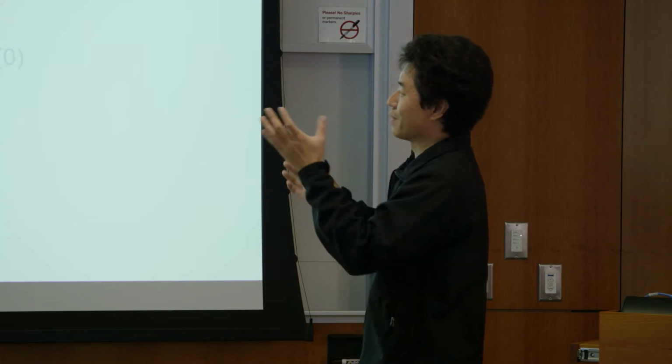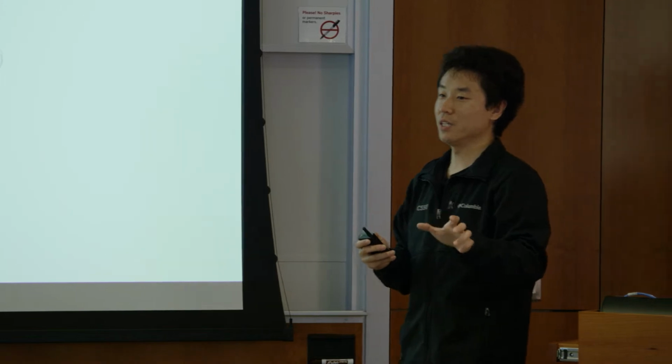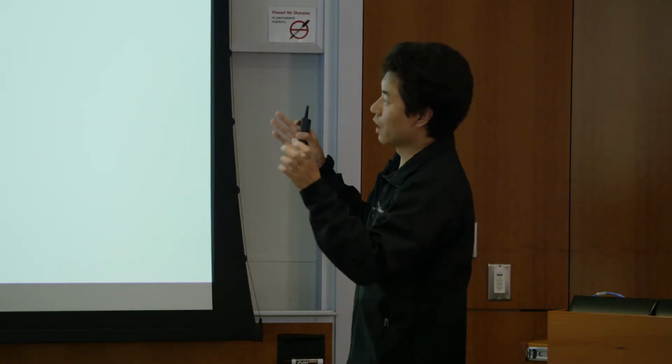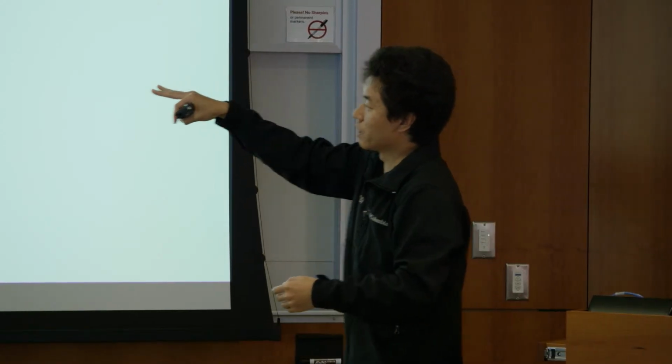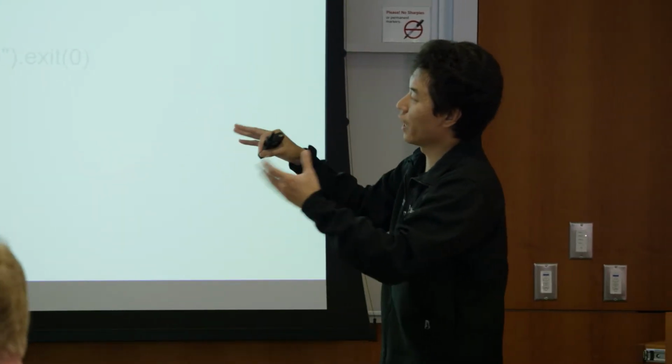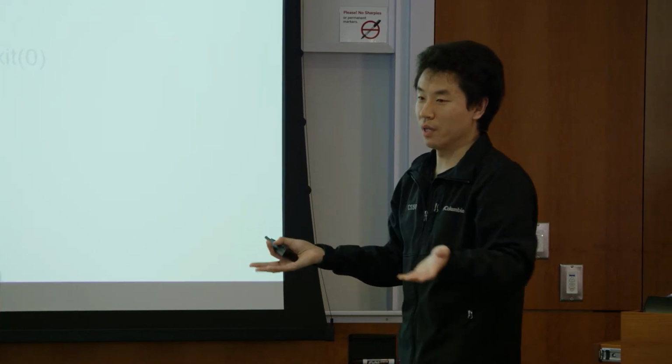Just remember that it marks a particular Python function to be a test. And this triple quote string is what students will be able to see, like the name of your test case. You can imagine we have maybe 12 tests for a particular problem set, and the text within each string will be the description for that particular test case.